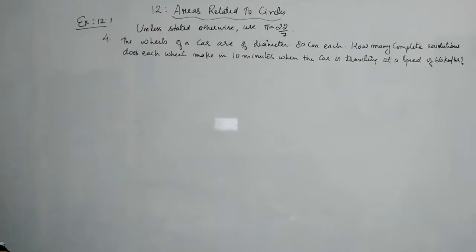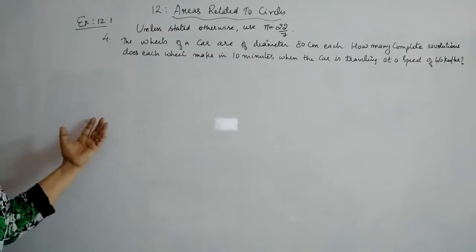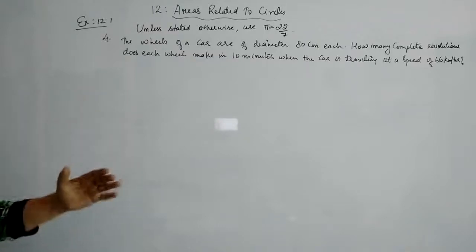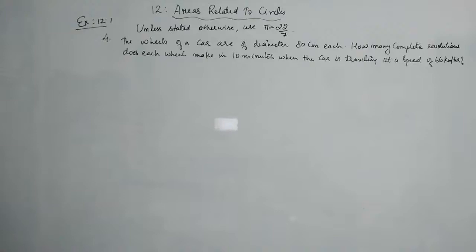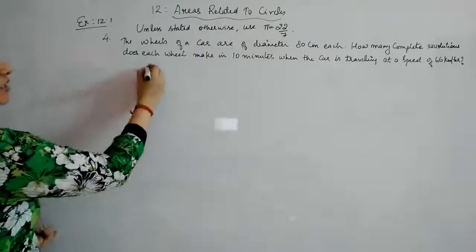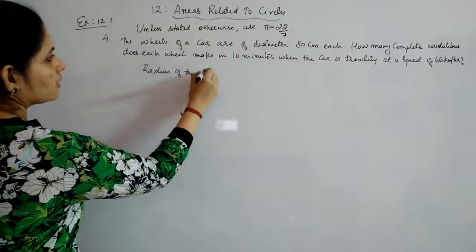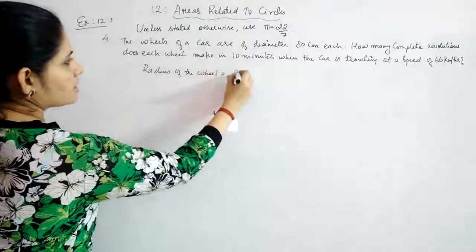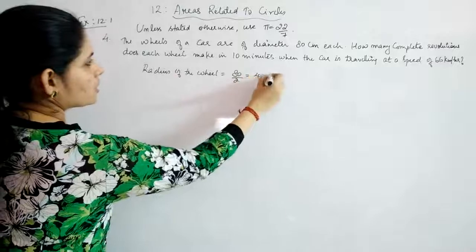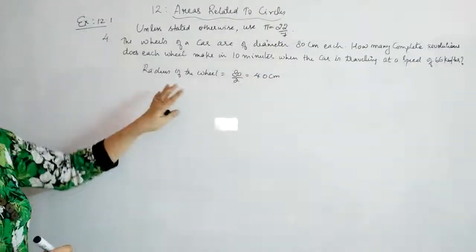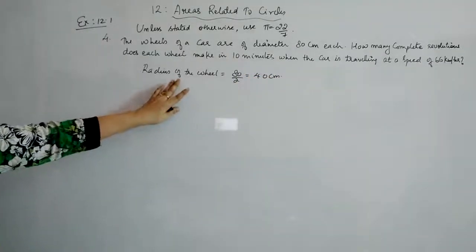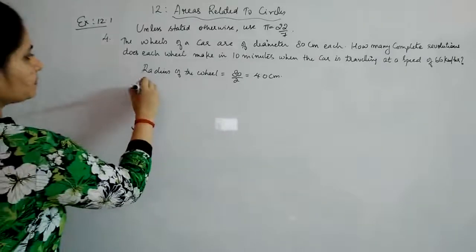For that, first we find the radius, then the circumference, and then we will move on to the concept of speed. First, diameter is given, so the radius of the wheel will be 80 by 2, which is 40 centimeters. Now we are finding the circumference of the wheel.